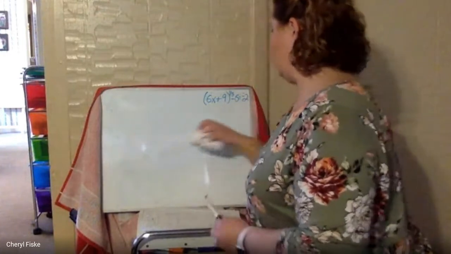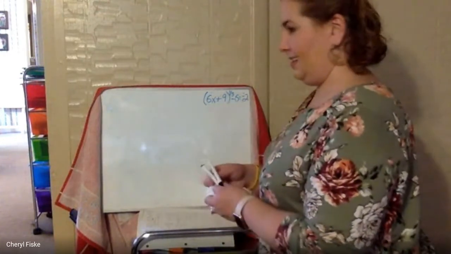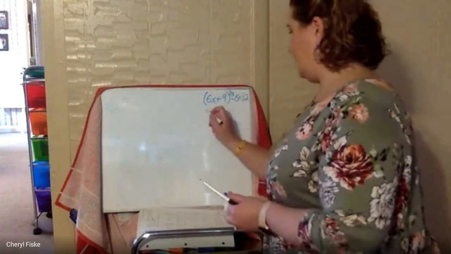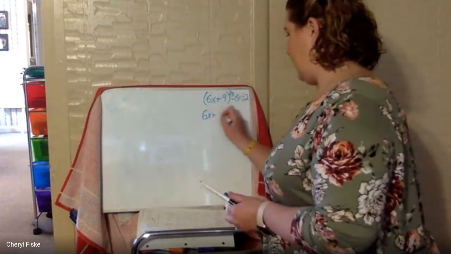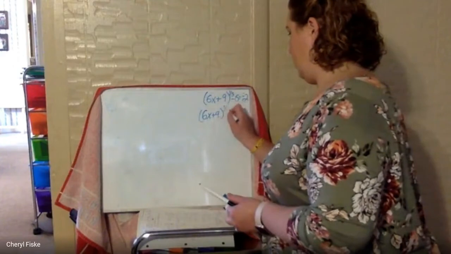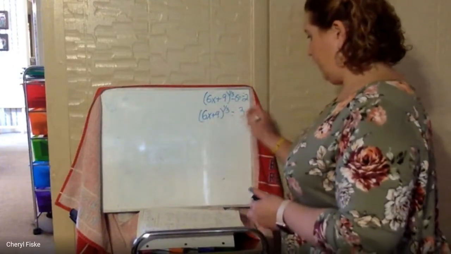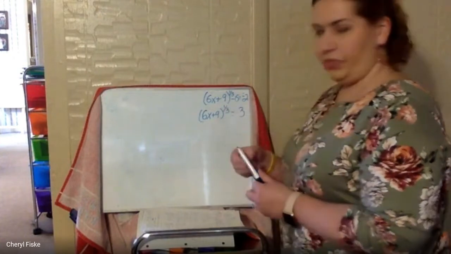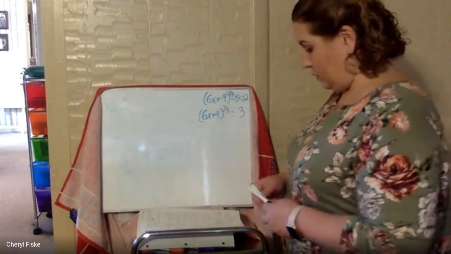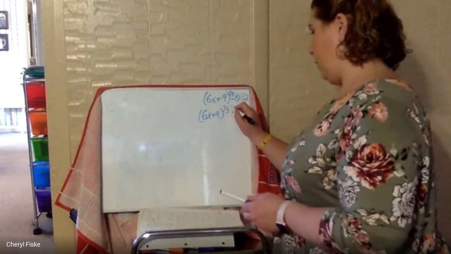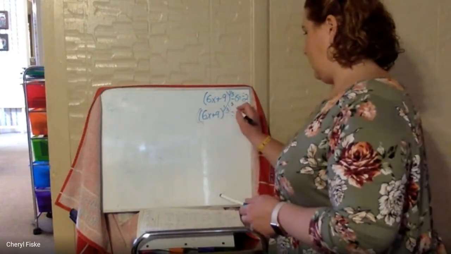So let's do this one. So I'm going to add my 5 to both sides. That gives me (6x plus 9) to the 1/3. Add 5, negative 2 plus 5 gives me 3. Now, I have to get rid of the 1/3. So the way to get rid of the 1/3 is to raise it to the 3/1 or just to the third.